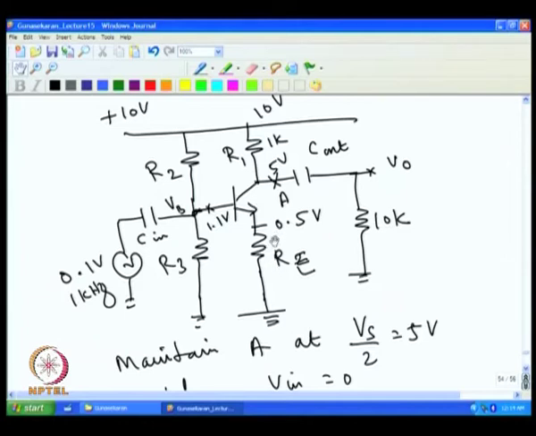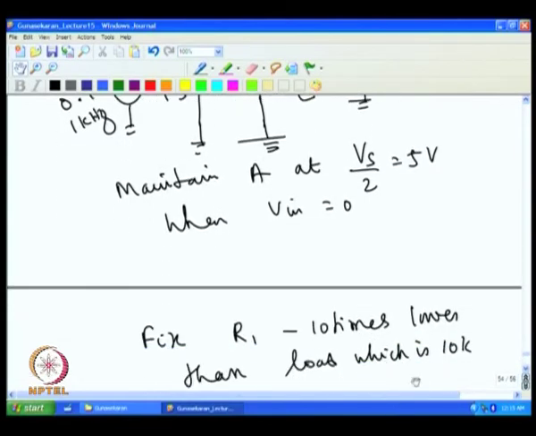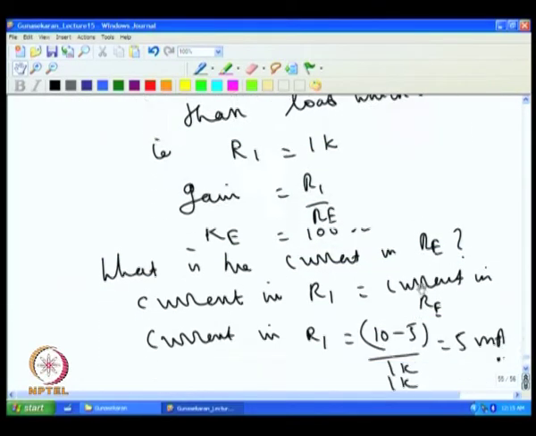We know the emitter current is 5 milliampere, because we took the voltage across RE as 0.5 volt. If 5 milliampere is the emitter current, then the base current will be 5 milliampere divided by HFE. I take 100 as HFE for the transistor.